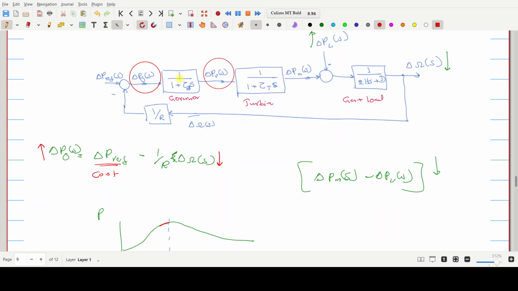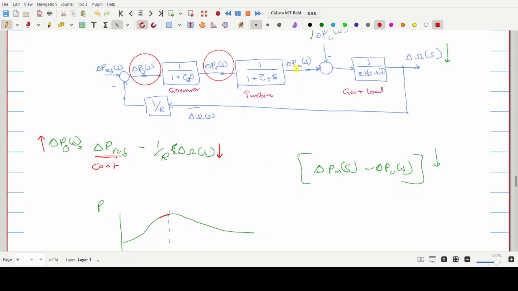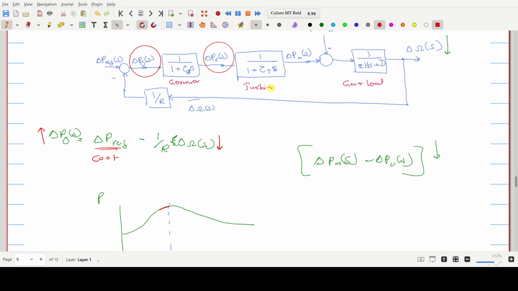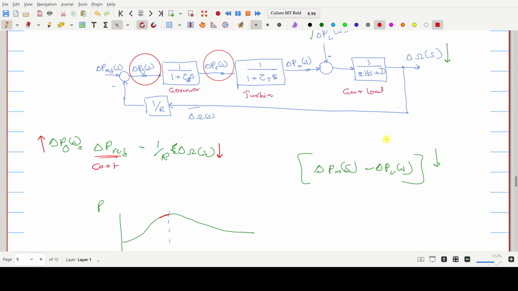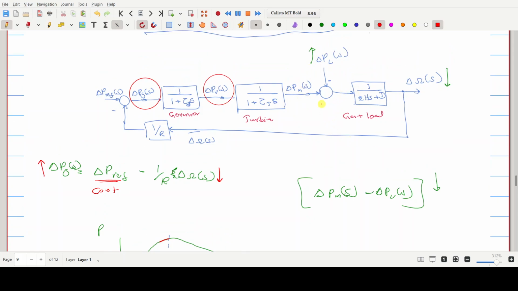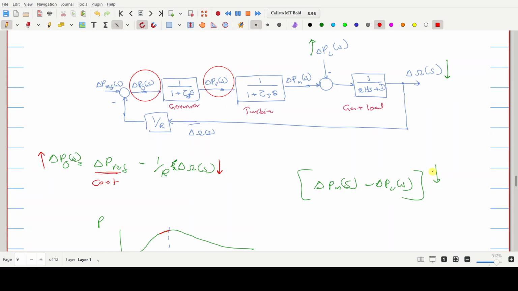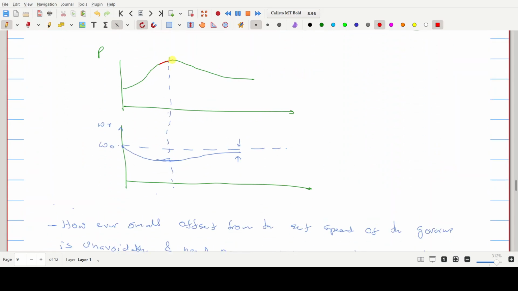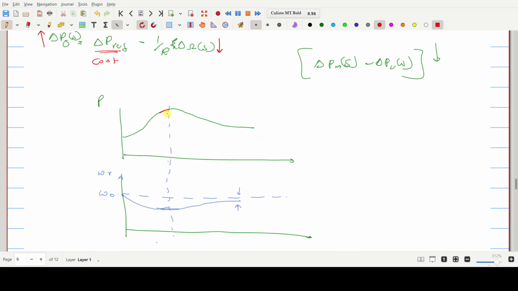So it opens the valve and increases the amount of mechanical power going into the generator, bringing down this difference between the mechanical power and the load, right? So then the difference will go down, the speed will increase, and it tries to come back to the nominal value, right?